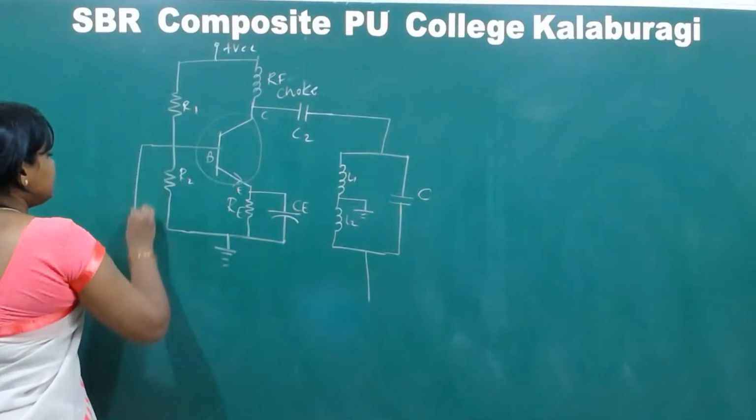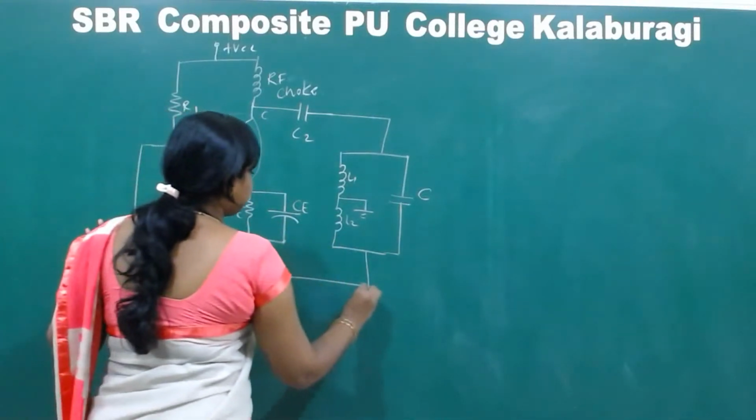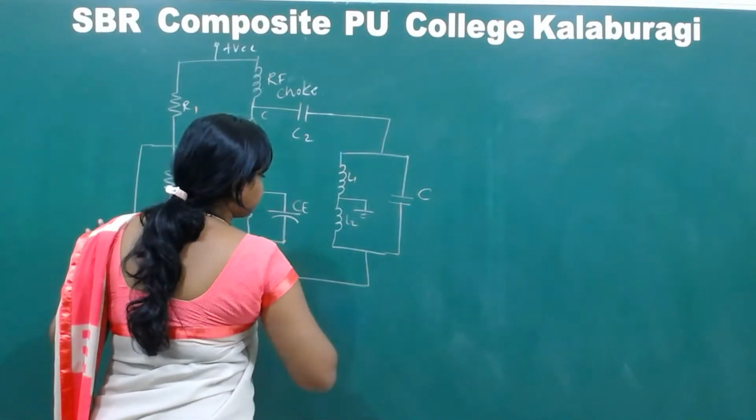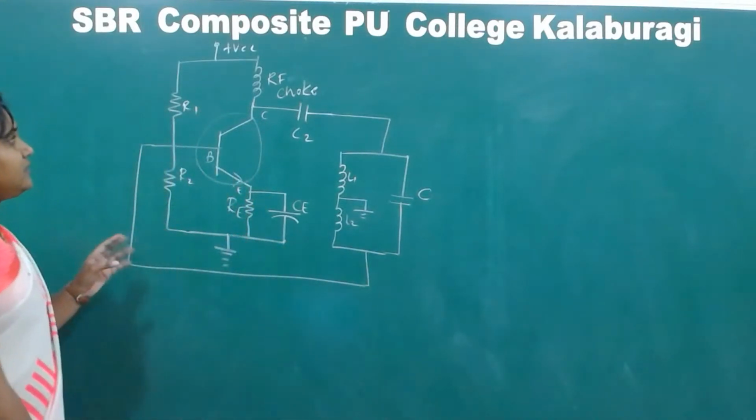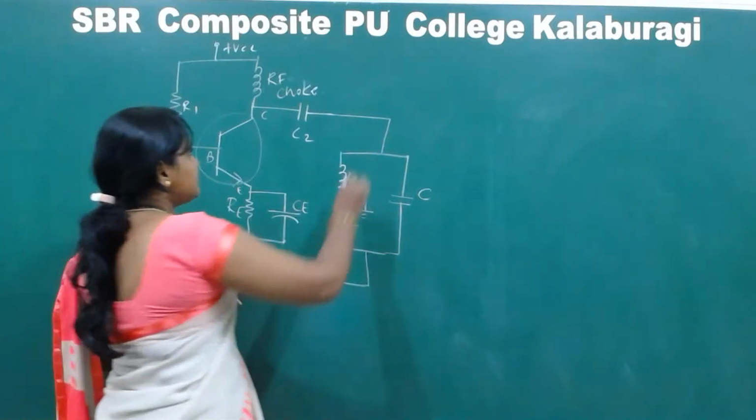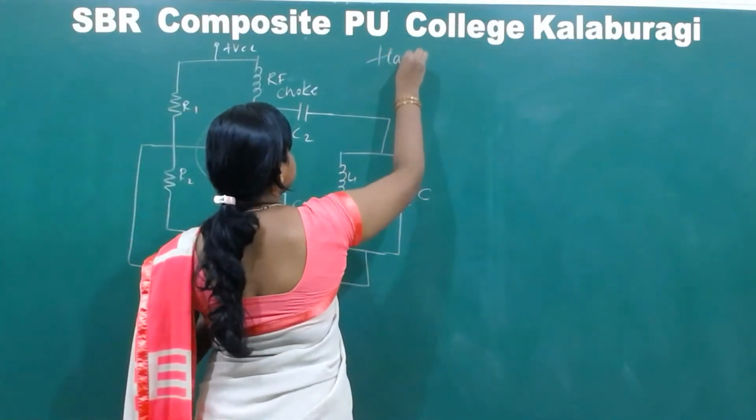And this is the feedback. Okay, so this is the circuit for a Hartley oscillator.